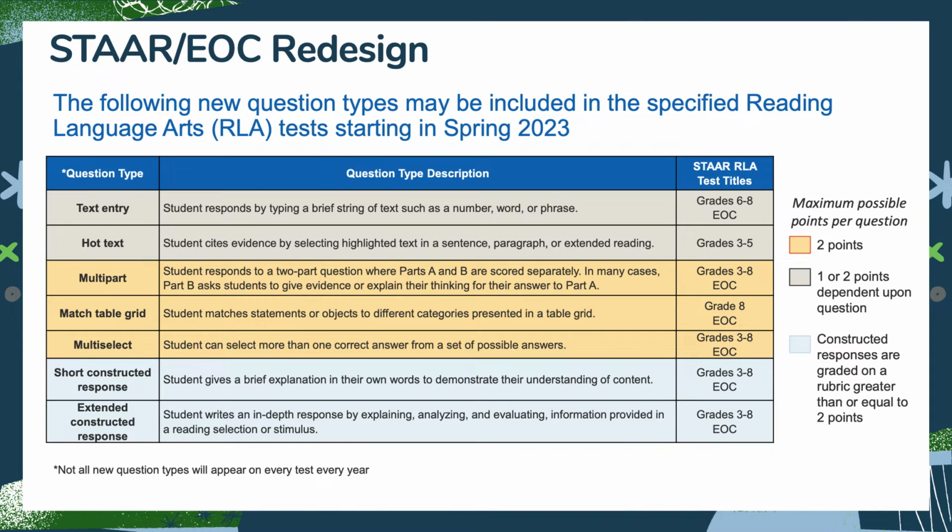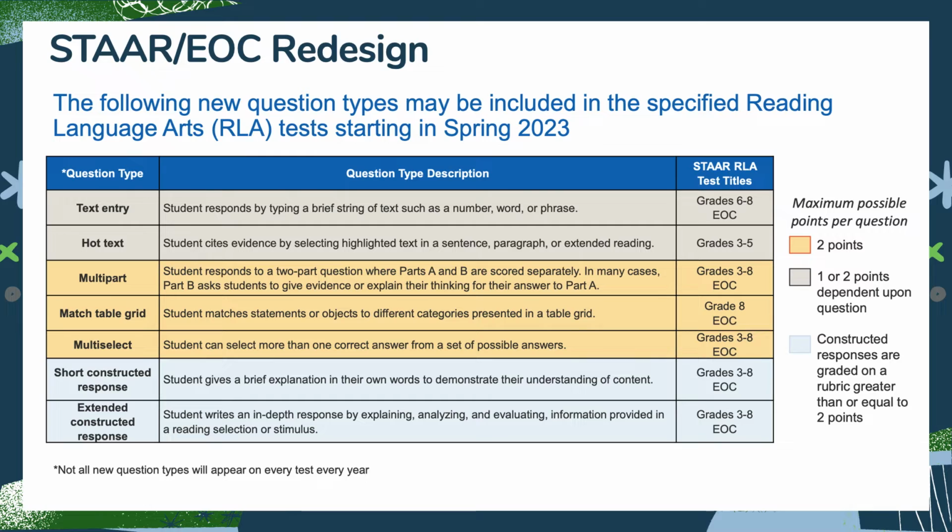It is important to note that not all of the new question types will appear on every test every year. The new question types have differing maximum possible points per question, depending on the style of question. Points earned range between 1 or 2, 2, or greater than 2.